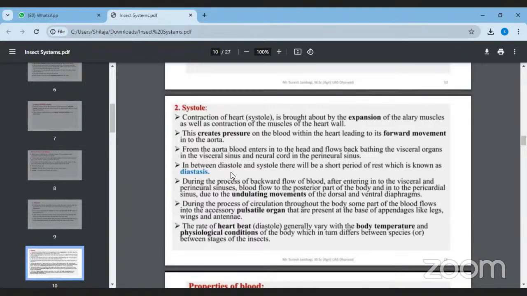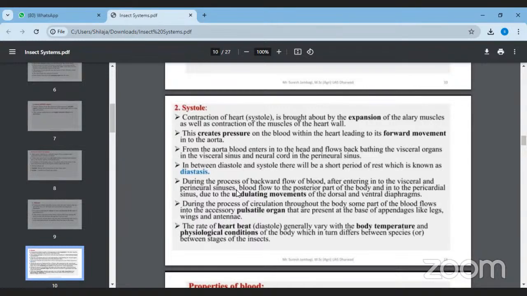In between the diastole and systole, there is a short period of rest, which is known as diastasis. And during the backward flow of blood, after entering the visceral and perineural sinuses, blood flows to the posterior part of the body and into the pericardial sinus due to the undulating movements of the dorsal and ventral diaphragms.